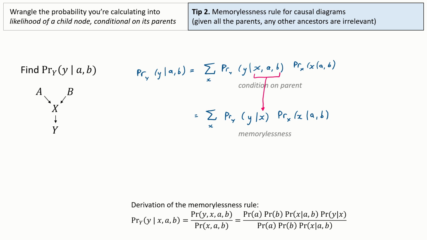The whole point of the causal diagram is that it's nothing more than shorthand for specifying the joint likelihood function, and for this diagram, here's the joint likelihood that it specifies. Most of the terms cancel, and we're just left with the likelihood of y given x. As I said, you should be able to read off memorylessness direct from the causal diagram. But if you're stuck with a more complicated problem where it's not obvious what to do, this brute force method of writing out the full joint likelihood can help.